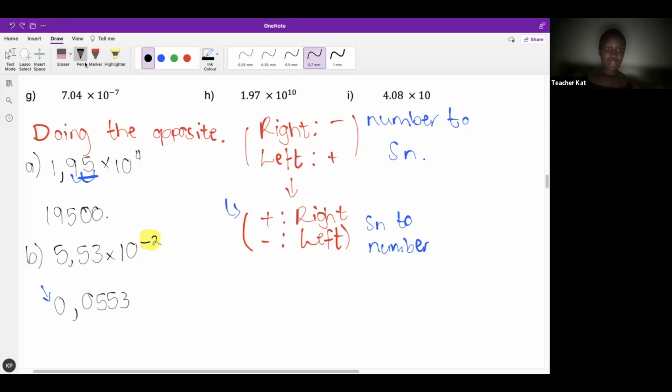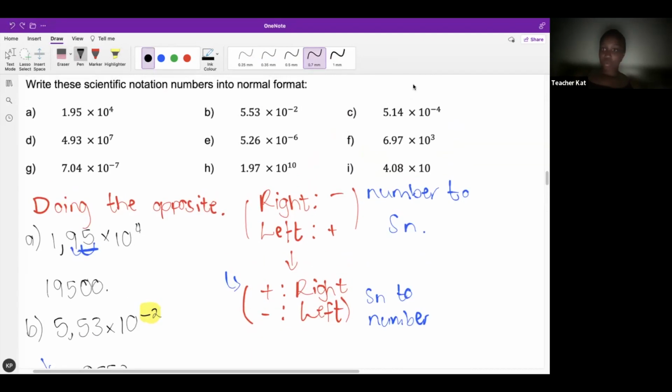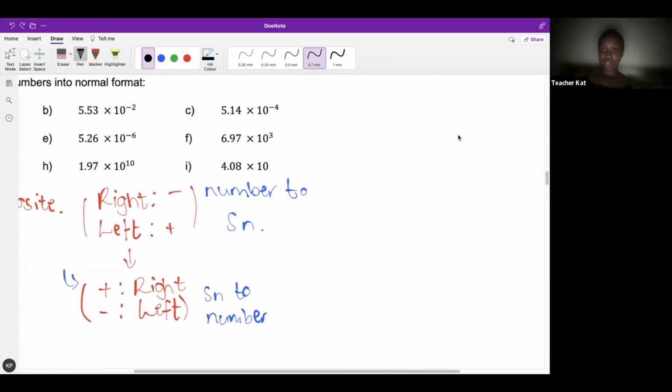Okay, great. So now that we're understanding, let's do a bit more of these. I'm not going to erase these so that you understand. I'm just going to write on the side here. Let's do number C. 5,14 times 10 to the power of -4. Am I moving my comma right or left?